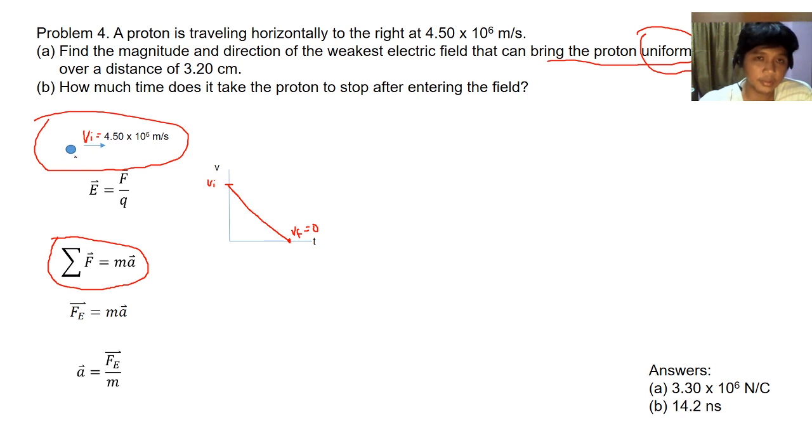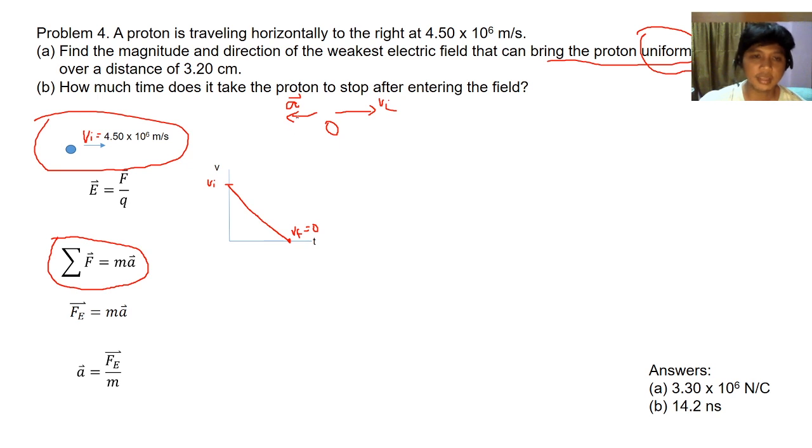So the proton has to experience a force that will slow it down. So my question to you is, if this is the proton and it has an initial velocity to the right, what should the direction of its acceleration be so that it slows down? And the answer to that question is it must experience an acceleration to the left, so that it will slow down.